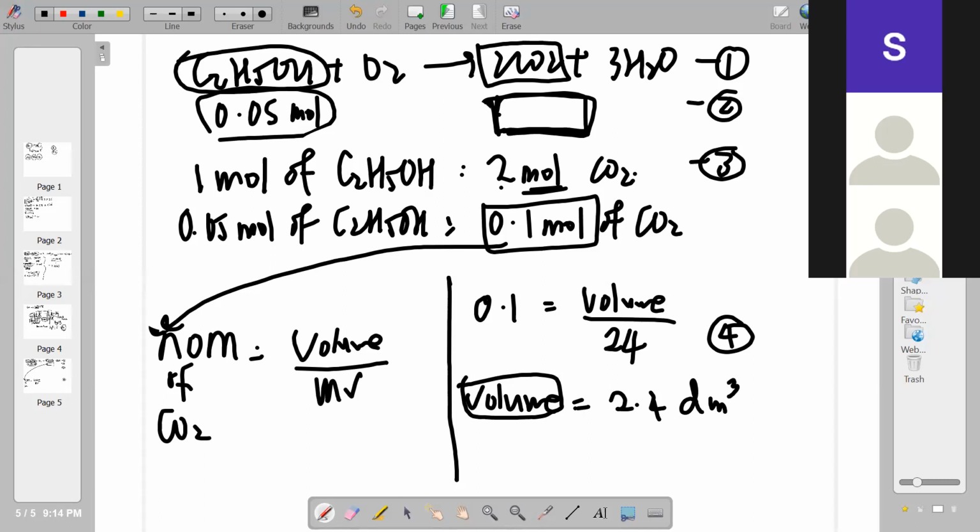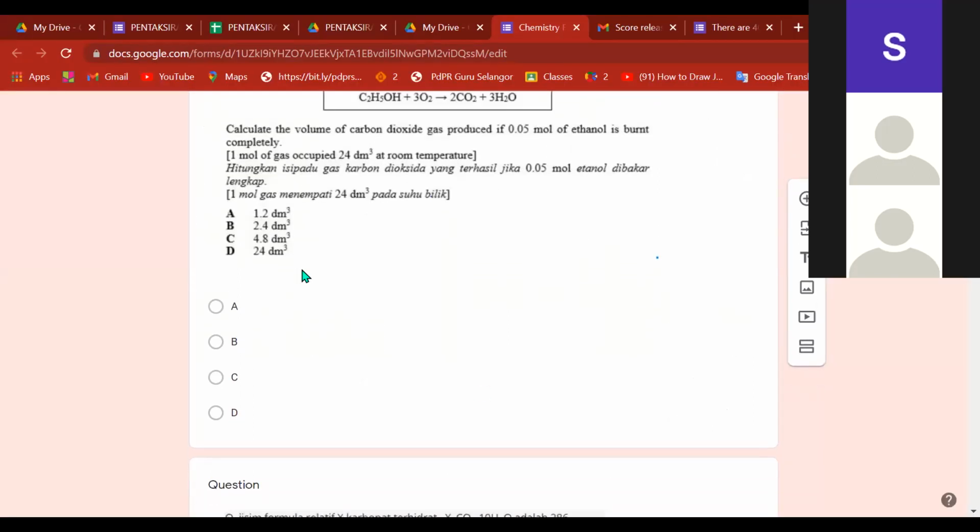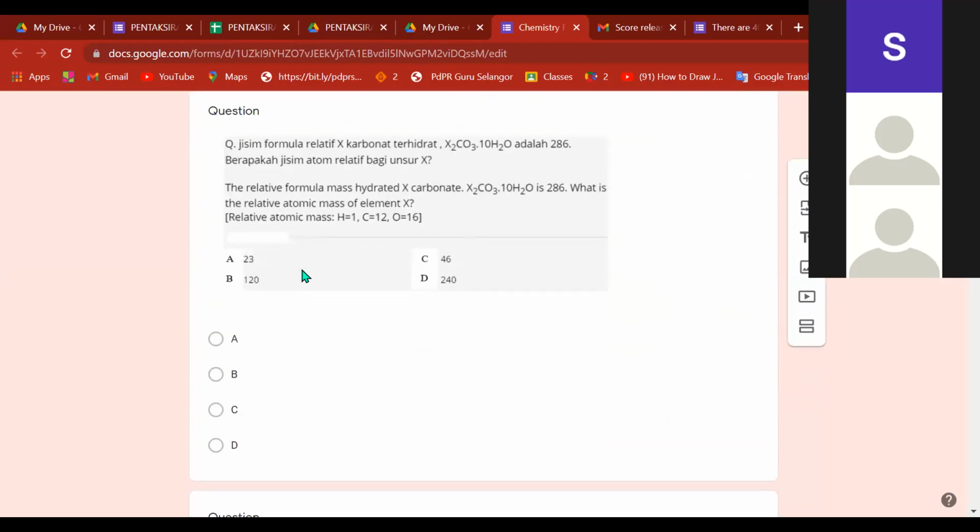You said mole per decimeter cube, right? You cannot say mole. Mole per decimeter cube is concentration. So the answer is 2.4 decimeter cube. Are you following teacher, class?